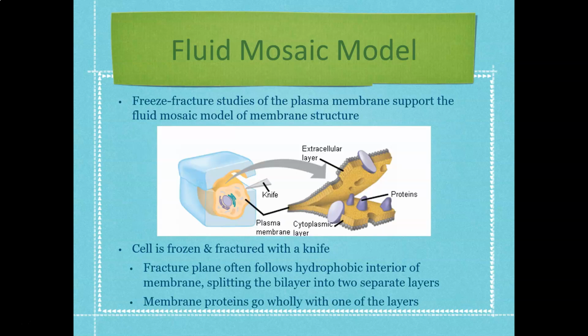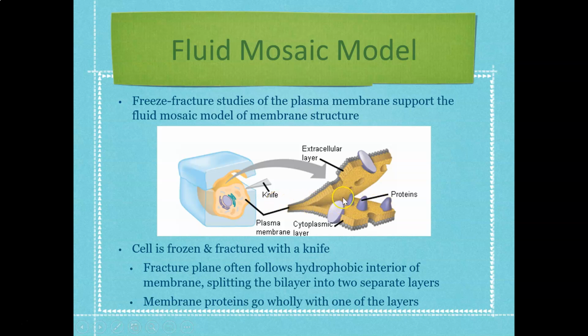How did we figure this out? Well, freeze fracture studies were a big supportive piece of evidence for us to understand that this fluid mosaic model did in fact make sense. And so freeze fracture studies, essentially what they do is they take that cell, they freeze it, and then they are able to create a fracture plane. And that fracture plane goes right down the middle of those fatty acid tails.